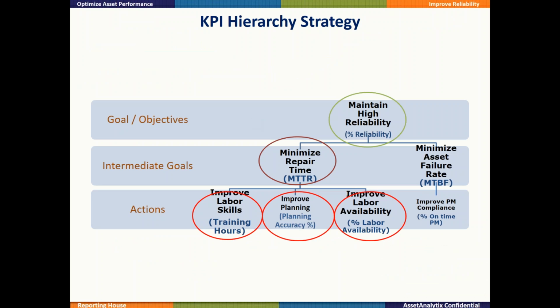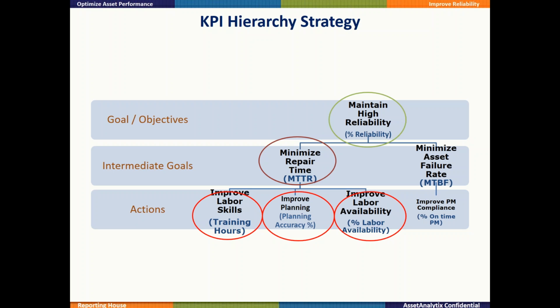So our goal is, if we're going to improve performance, OEE, or we're going to improve our internal processes and operations, and improve equipment uptime, one of the components is reliability. In order to improve reliability, we have to minimize the time to repair and minimize time between failures.